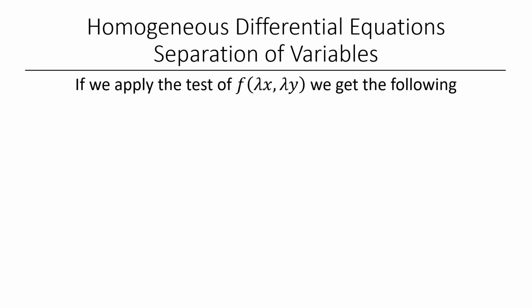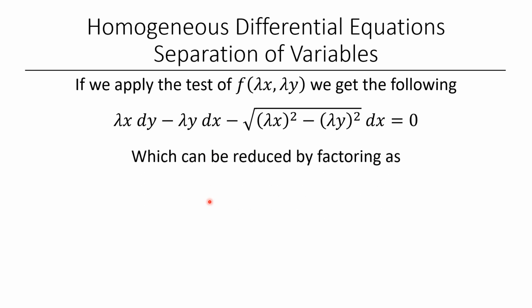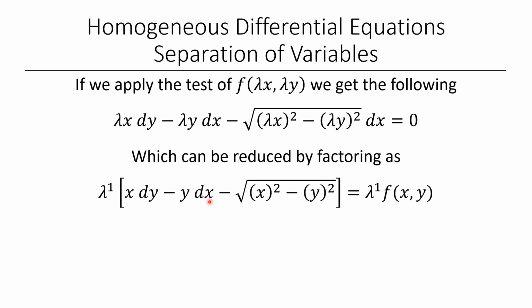To do this test, we simply substitute lambda x and lambda y for the x and y variables. So for our equation, this is what we get when we do that. Again, replacing x with lambda x and y with lambda y. And when we reduce this and factor out, we see pretty quickly that we can factor a lambda out from the entire equation.